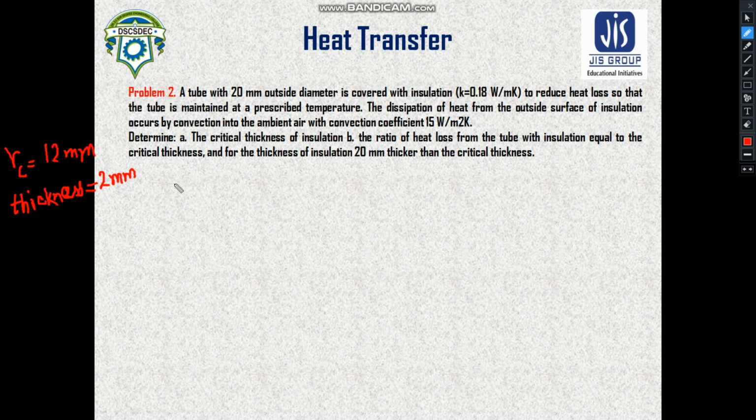Now let us consider the insulation case. So when the insulation is given to you, with insulation. Okay, so let us see how the formula can be written here.